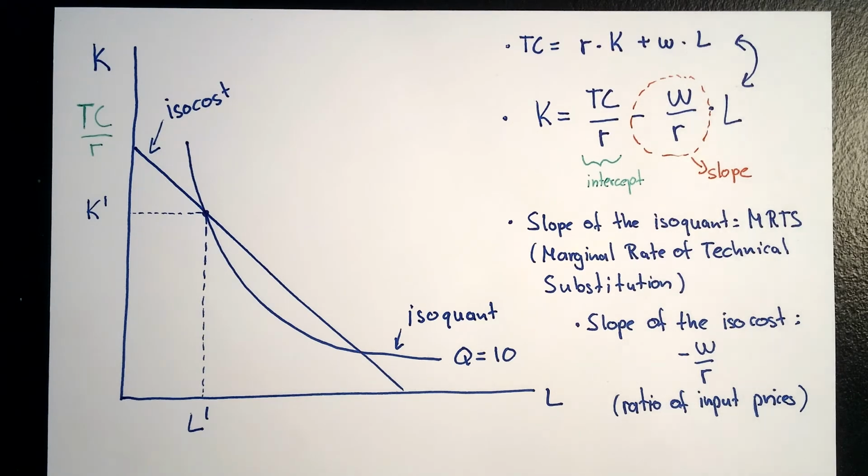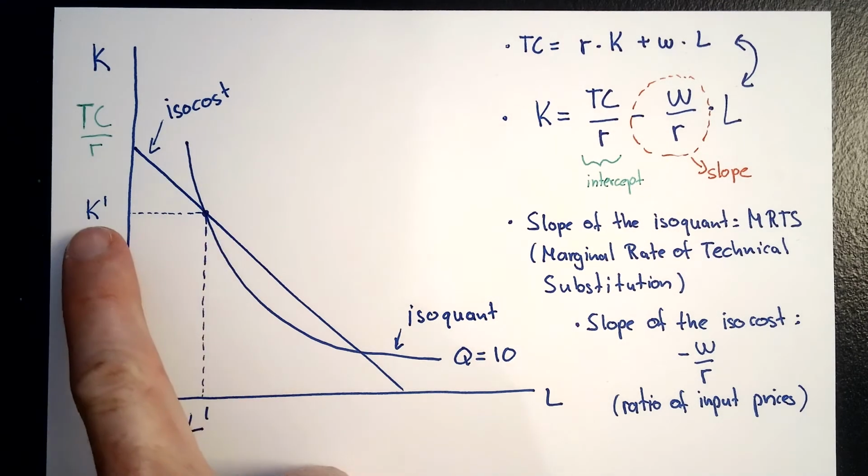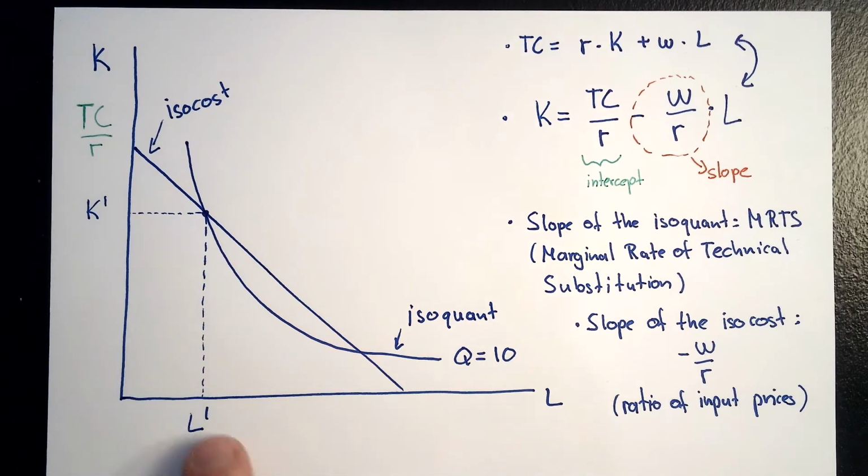Now, consider this point K prime and L prime, which I have marked in this graph. The question is, is this combination of capital and labor efficient or cost minimizing to produce 10 units of output? And the answer is no.